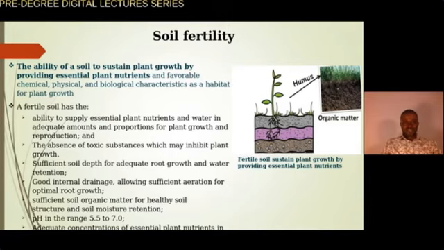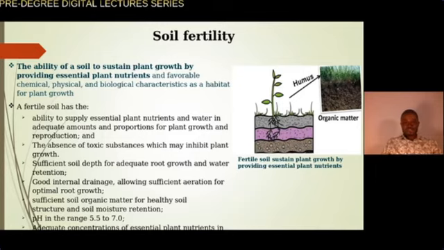A fertile soil has the ability to supply essential plant nutrients and water in adequate amount and proportion for plant growth and reproduction. If a soil has lost its ability to supply essential nutrients and water in adequate amount for proper plant growth and reproduction, the soil is no longer described as a fertile soil.